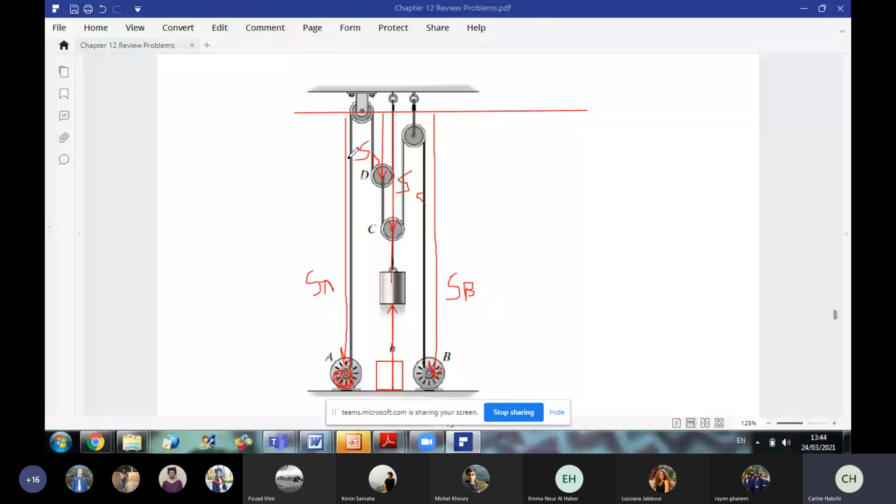I will try to find a relation between these coordinates to get a relation between their velocities.